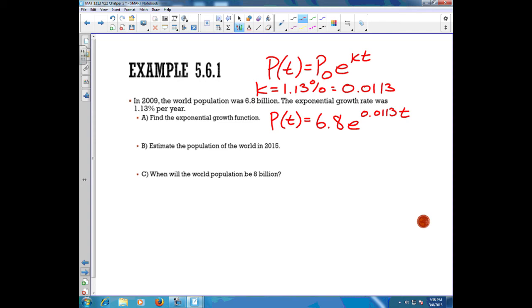Now we want to estimate the population of the world in 2015. So first we need to find t. Well, in this case, t is 2015 minus 2009, and so we just get t is equal to 6. To determine the population in 2015, we're just going to plug in t equals 6.